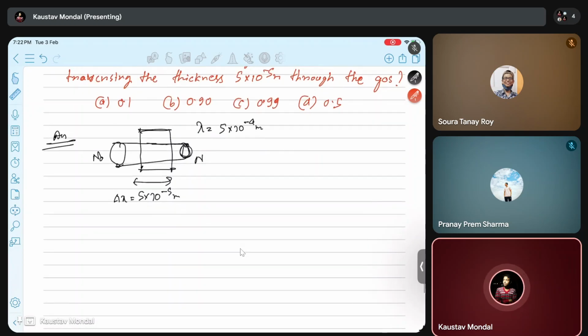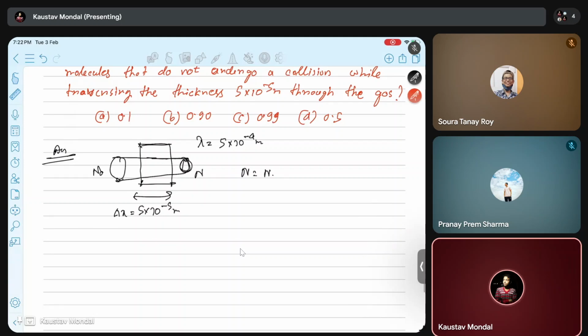So it's easy, right? We know the survival equation: n is n naught into e to the power minus x by lambda. Just put the numbers into the expression. You need to calculate the fraction, that means n by n naught. n by n naught is e to the power minus x by lambda, which is 5 into 10 to the power minus 5 by 5 into 10 to the power minus 4, so e to the power minus 10 to the power minus 1.